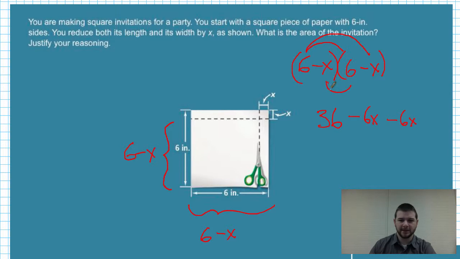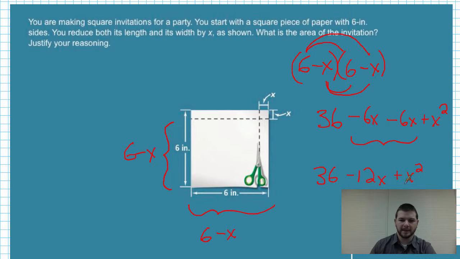And our last terms, negative x times negative x, would be plus x squared. Now combining like terms, minus 6x minus 6 more x's results in a negative 12x. So we have 36 minus 12x plus x squared.